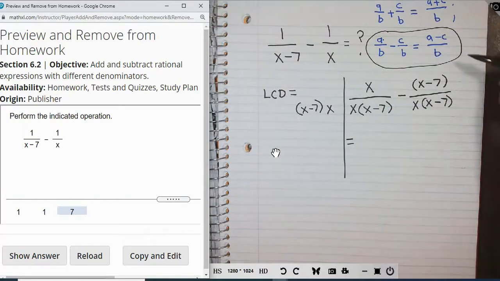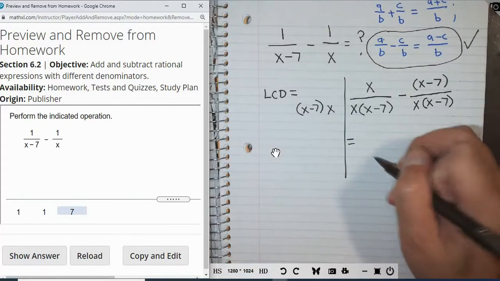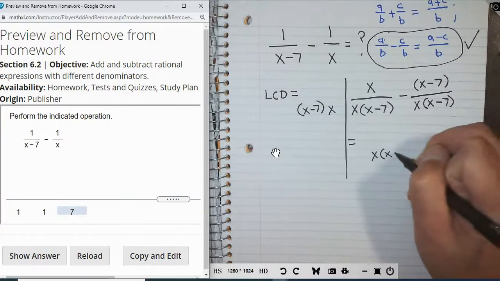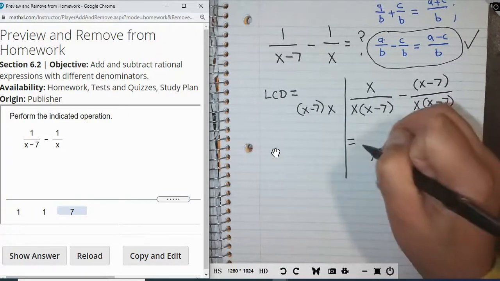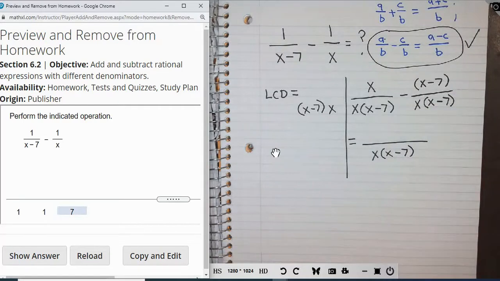Our next step is to rewrite the expression as a difference of numerators. So again, we will have our least common denominator of x times x minus 7, and in our numerator we're going to perform the subtraction.